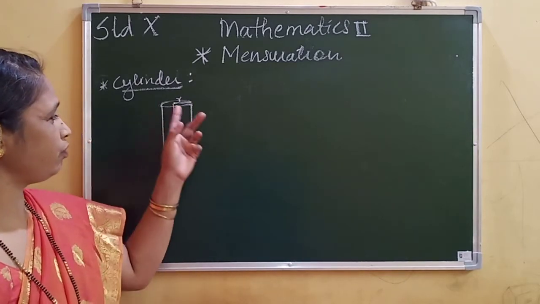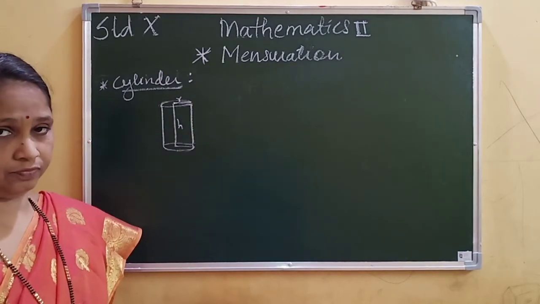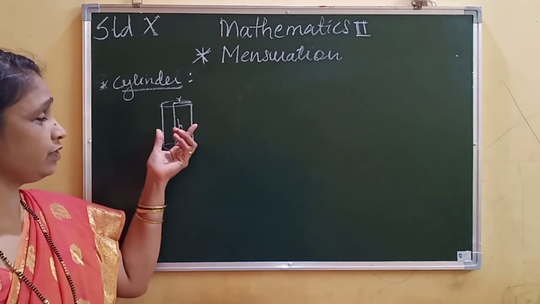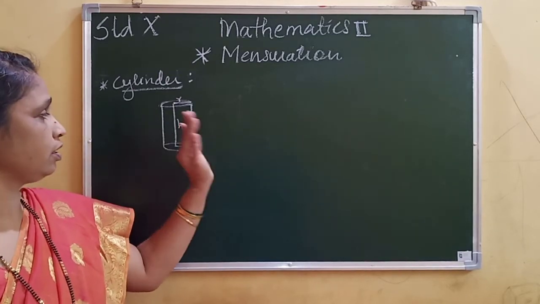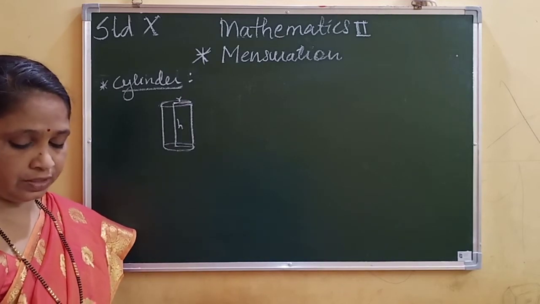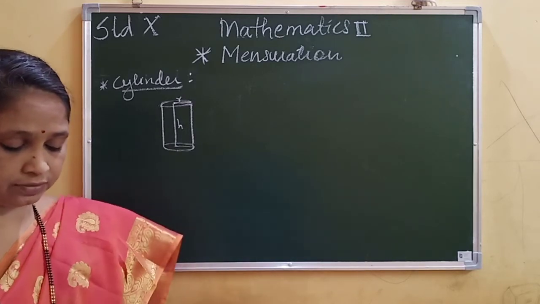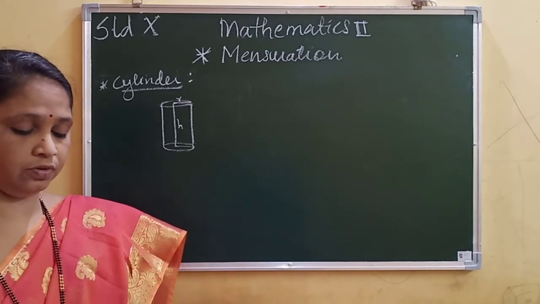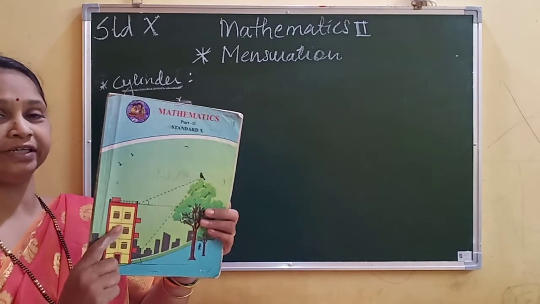Now we have to find the surface area, the curved surface. In this, lateral surface will not come. Curved surface area will come. Now see, this is the textbook, which is in rectangle shape.